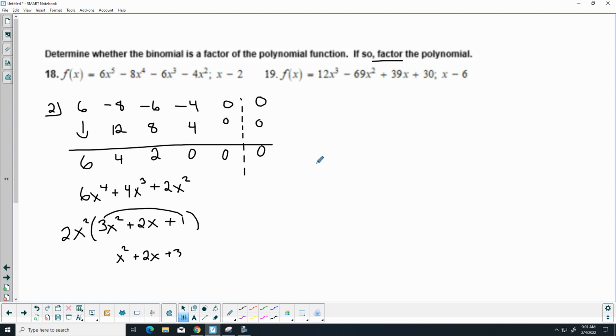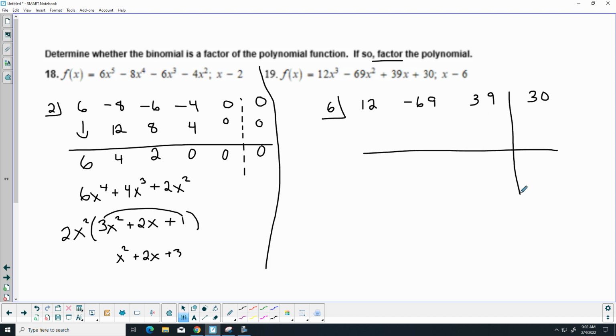On that one, my number in the box is going to be 6, 12, negative 69, 39, 30. I want to make sure I didn't mess up on any signs.